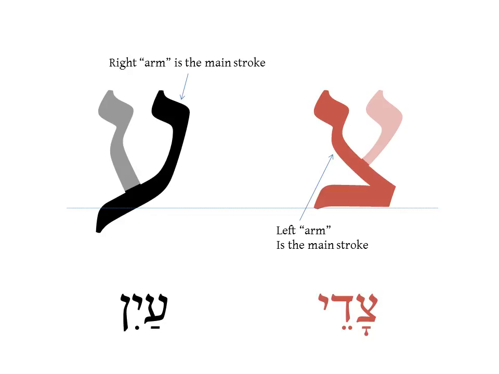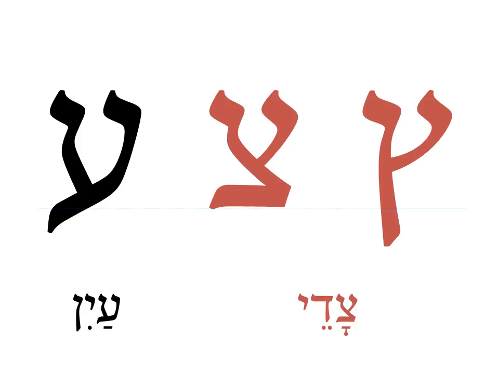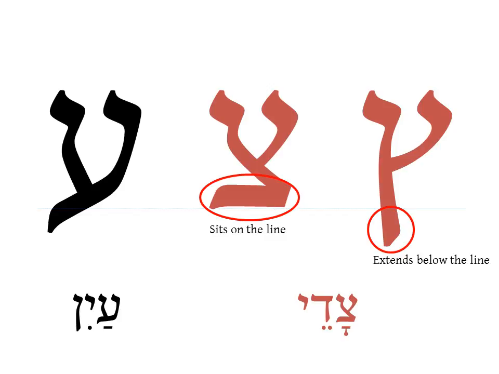Do you see it? When we throw in final Tzadi to these two, however, it looks a little bit trickier. You see, the final Tzadi and the Ayin can look an awful lot alike. The final Tzadi extends below the line, whereas the regular Tzadi sits on the line.